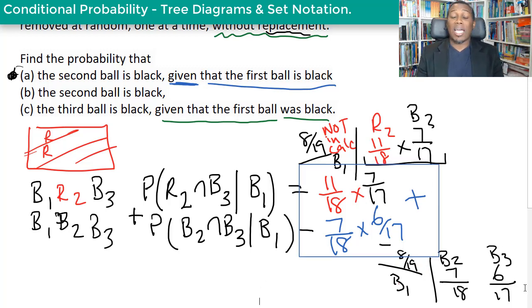The 11 on 18 times 7 on 17 plus the 7 on 18 times 6 on 17. Hopefully that makes some sense. We did not use the 8 on 19 in the calculation because that's the condition.